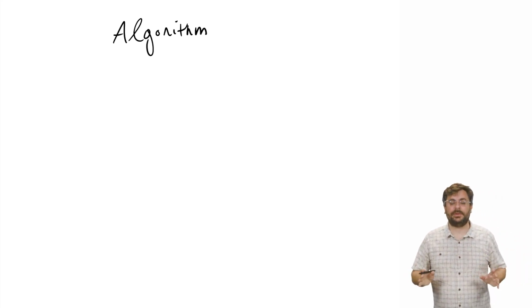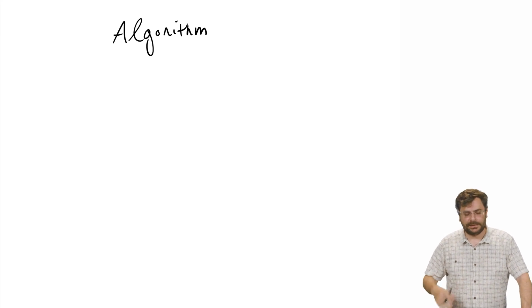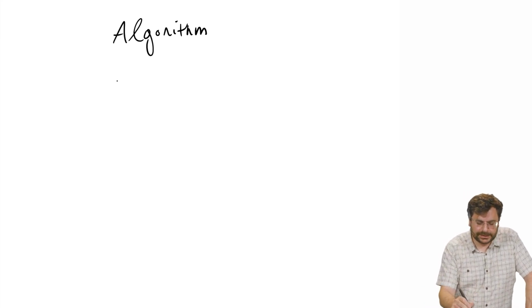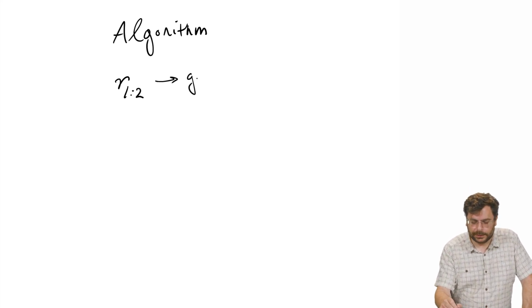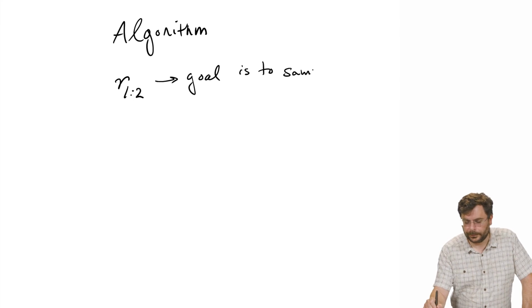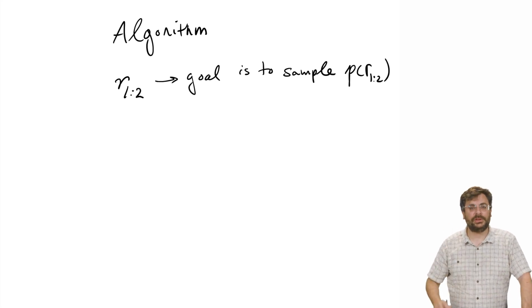So Gibbs sampling is actually pretty straightforward to explain as a simple example, and then we can talk about why it works. So let's consider some R 1 to 2, and the goal is to sample some distribution P of R 1 to 2. So it's a two-dimensional distribution.